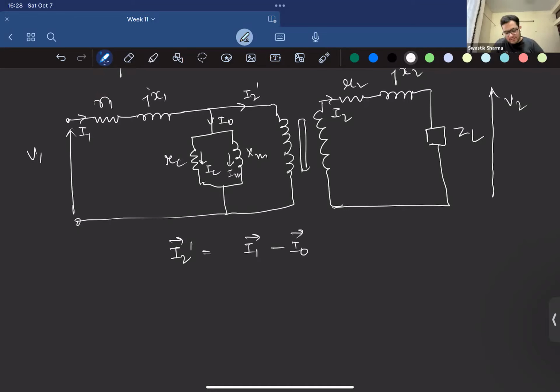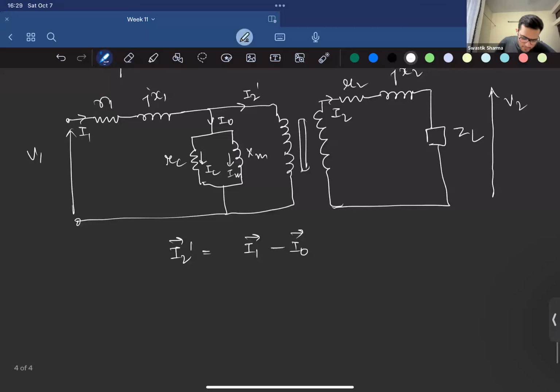So this I2 dash is called the secondary side, or the load component on the primary side. This offsets the load current on the primary side. So that's how we represent this, and this sets up the MMF and provides the constant mutual flux, which is independent of the load, right?